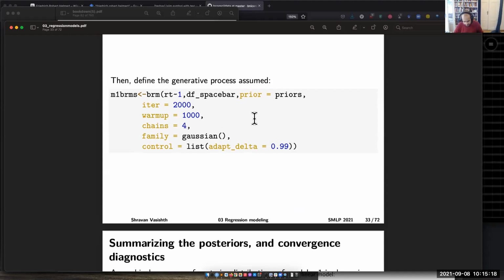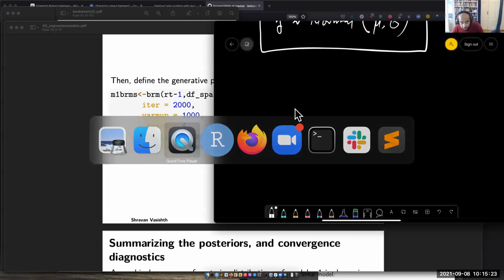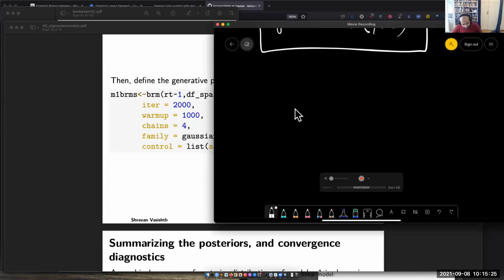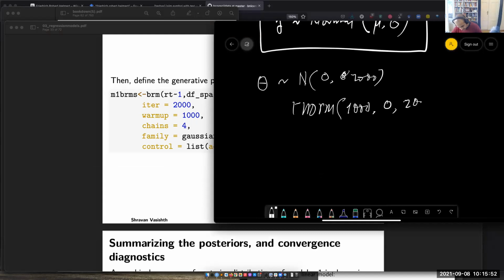So what's happening underlyingly with the STAN model is, if you remember, when we started this course, the way we generate simulated data for a parameter, if I want to generate data from a normal distribution with mean, what was it, 2000 or something, I use the rnorm function, right? I can use the rnorm function and I can say generate 1000 data points with mean 0 and standard deviation 2000 or something like that, right?